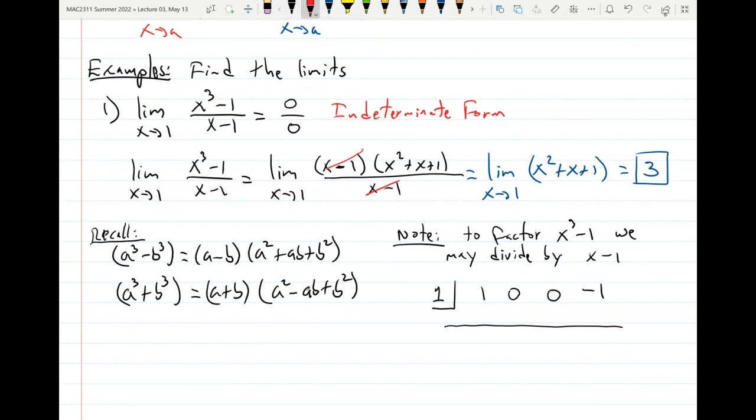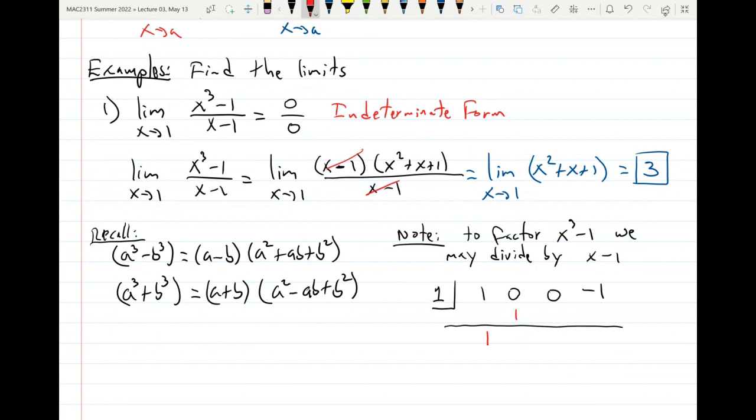So the first number comes down, and then we do the following. We multiply this number by whatever we have here, put it in the next column, and we add, and then repeat the process. Okay, so that's what I'm about to do now.